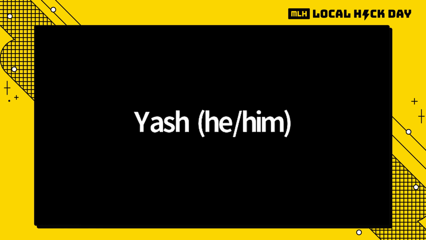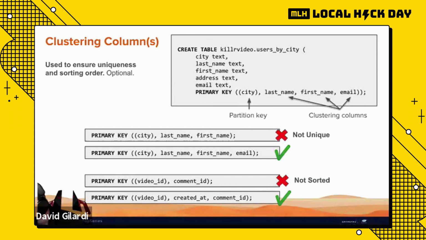Yash says, is there a way to check if some data is already in the table? Yes, you can totally do that. As I mentioned earlier, in Cassandra with writes, there's no read before write by default. If you do need to perform a read before write, if you need to check some type of data before you do a write, you can do that with something called a lightweight transaction. That will, in fact, perform that read before write if you need to.